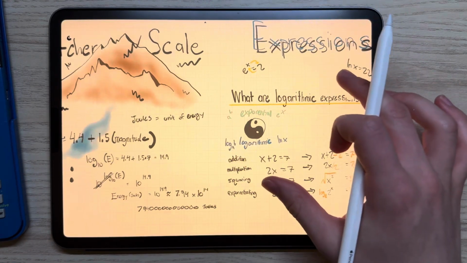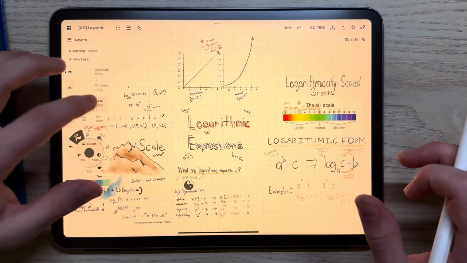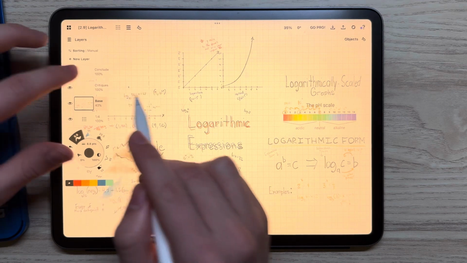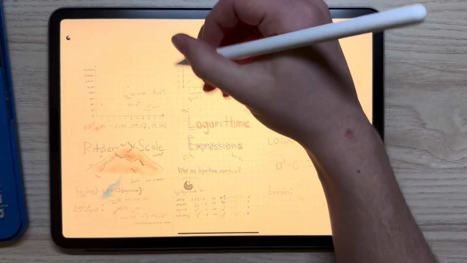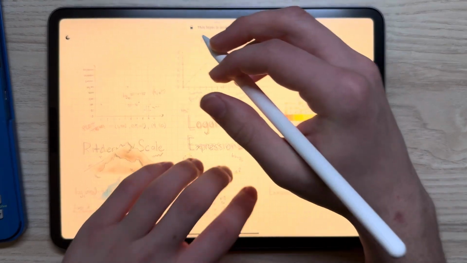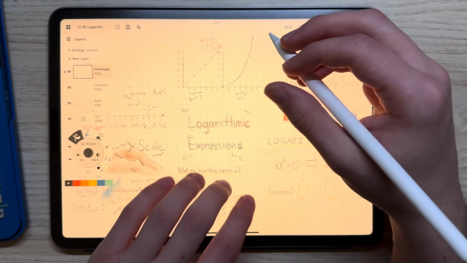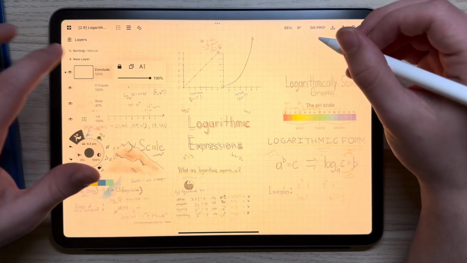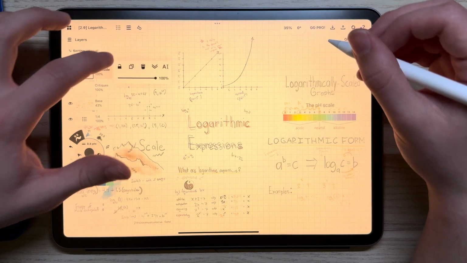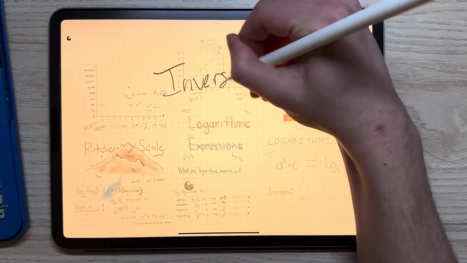And so just to summarize what we learned today. For logarithms, we learned that logarithms and exponentials are inverses.